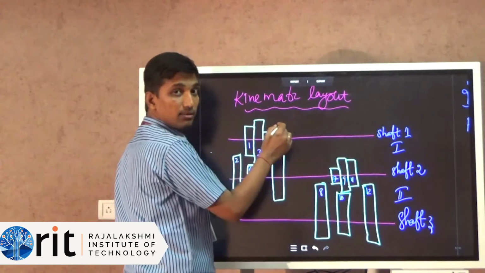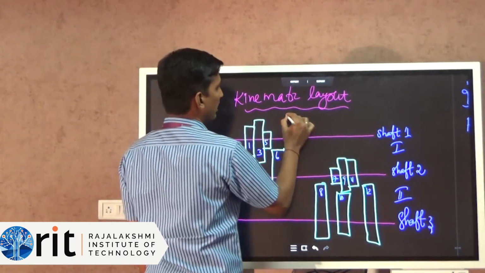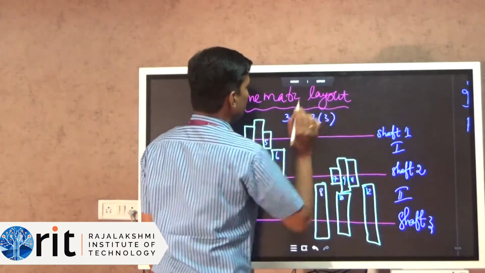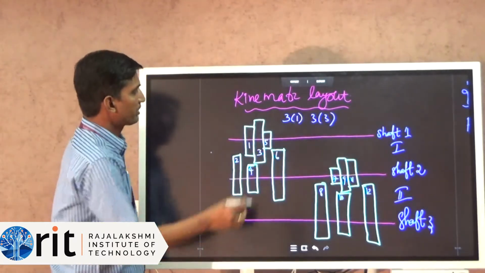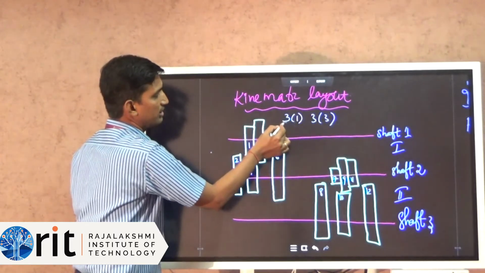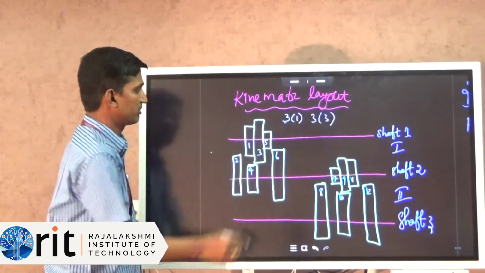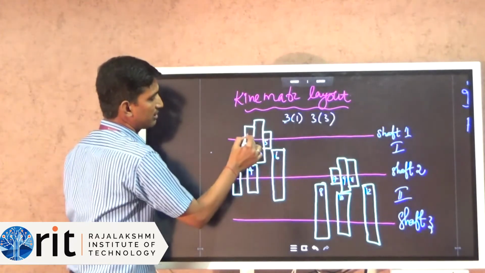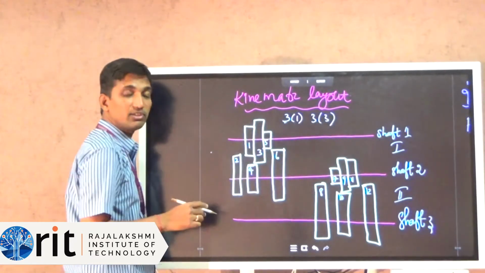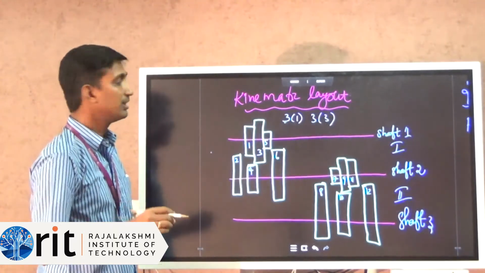Again, for your understanding, I will write the structural formula. Here, this 3 is the active or live gears. Since it has 3, I am going to make 3 set of gears. These gears are called active gears or live gears.